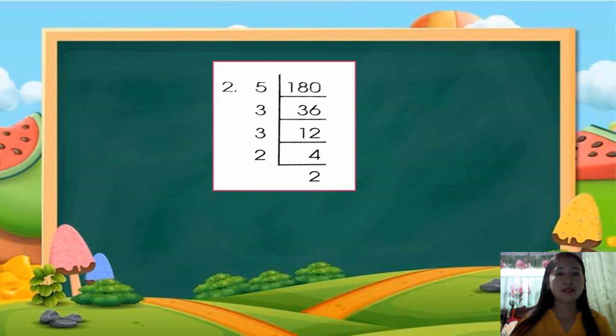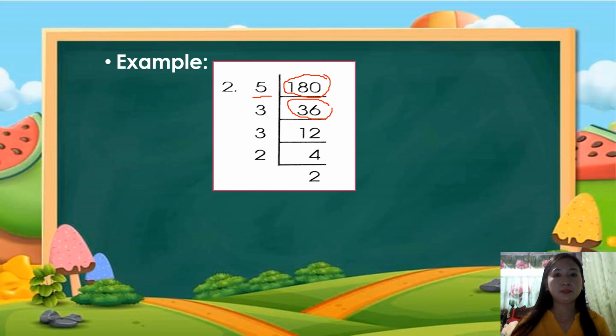We have another example. For our example number 2, the given number is 180. 180 is a composite number, so we divide it by the prime number 5. 180 divided by 5, the quotient is 36. 36 is not yet a prime number.